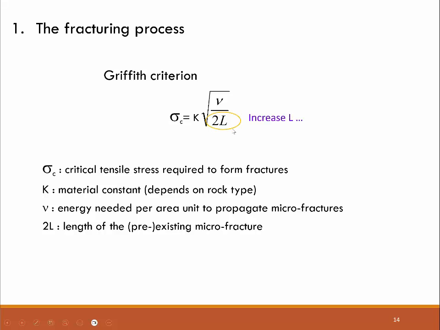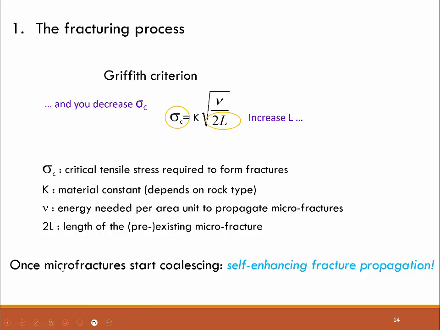And when you look at this equation here, as soon as you start coalescing the microfractures that are already there and that are in the right orientation, perpendicular to sigma 3, you will decrease the stress that is required to make the fracture transecting the entire specimen. So simply as soon as microfractures start coalescing, we will start a self-enhancing fracture propagation, and that is the reason why rock failure is so sudden once you reach the yield strength.